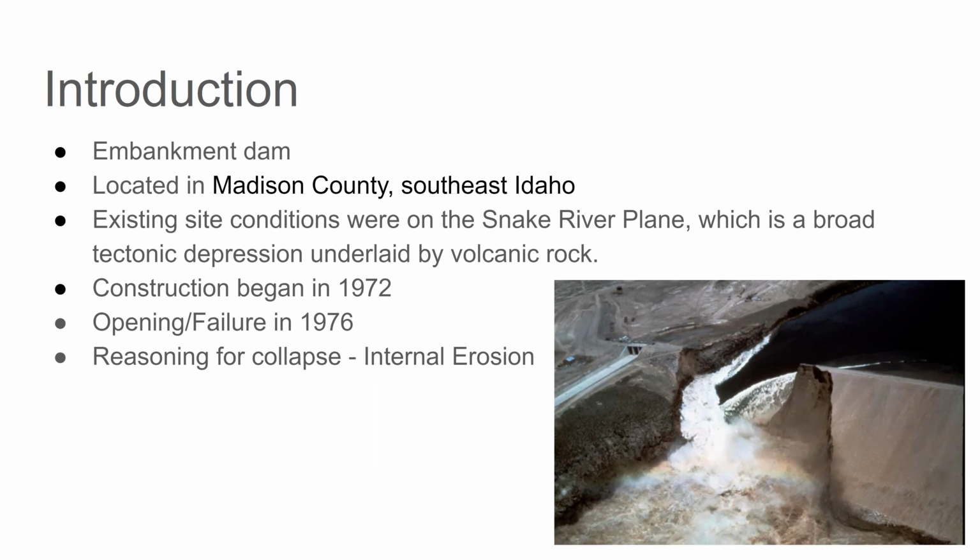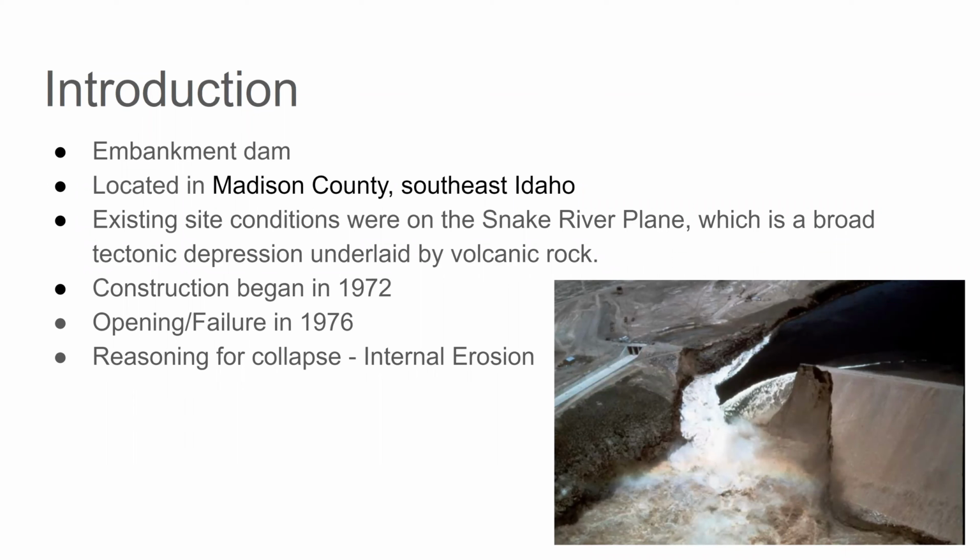So this dam was located in Madison County, southeast Idaho, and upon my research, existing site conditions were on a Snake River plain, which is a broad tectonic depression underlain by volcanic rock, which basically means that it was a gravel type of rock with high permeability, allowing water to seep through, and it did not have very good strength.